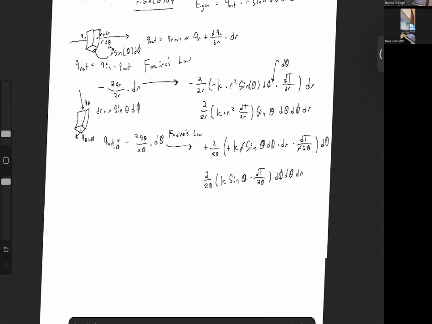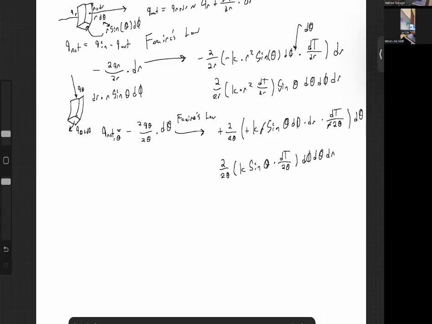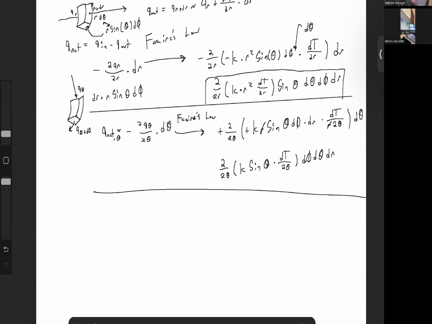And now I'm going to go ahead and section this off just so I don't get confused. I don't want to have incorrect units because I was being lazy.